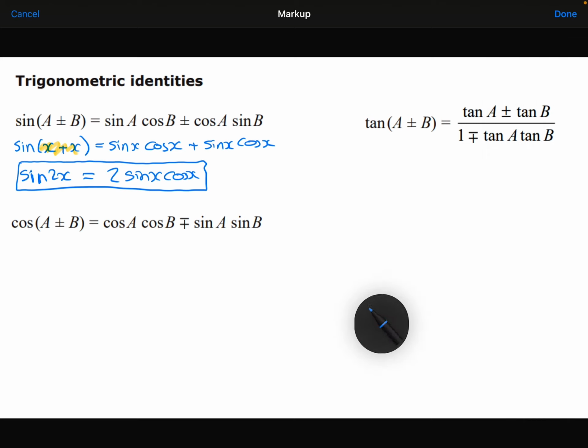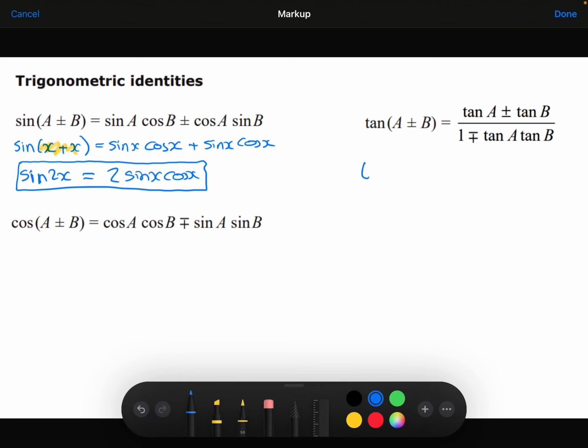Similarly with the tan, again if I do the same thing, if I let A be x and B be x, then I would get tan x plus tan x over 1 minus tan x times tan x.